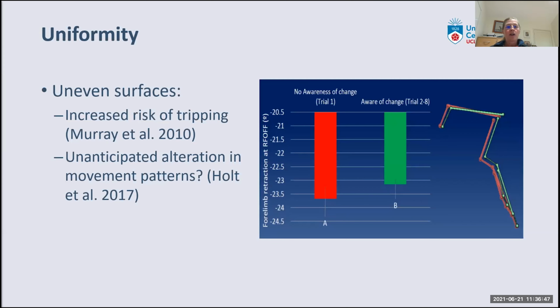Okay, so in terms of studies, Murray looked at risk factors, and obviously one of the big risks relates to tripping. The horse's balance is quite possibly going to be affected by a different response from the ground, depending on the functional properties at that particular point.